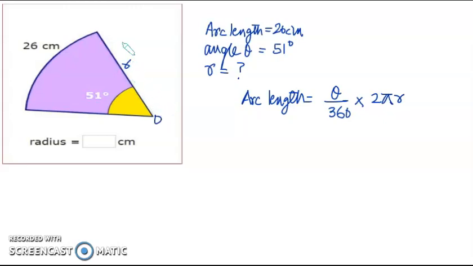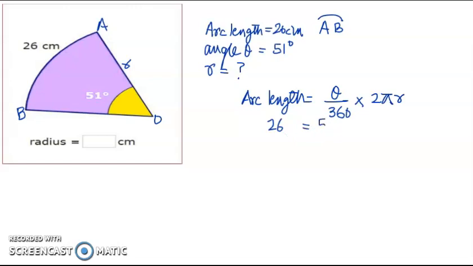Let this be O and this be A and B. So arc length AB is 26 centimeter. We have the formula: arc length is equal to theta by 360 times 2 pi r. And what is the arc length? Arc length is 26 centimeter.